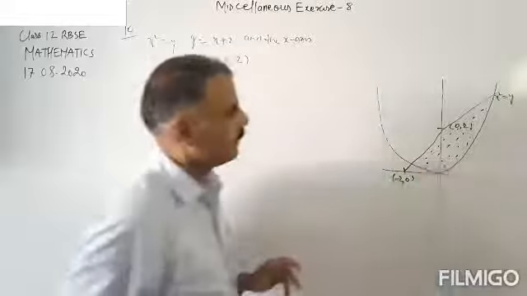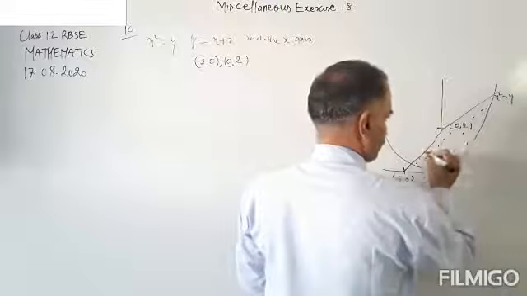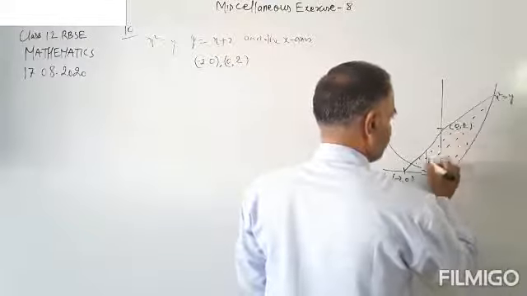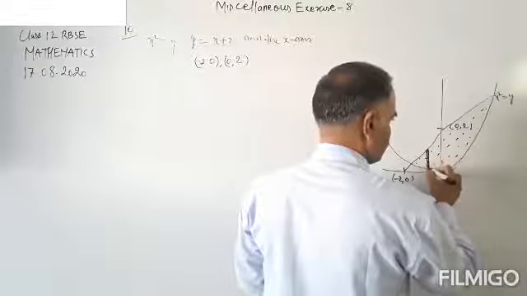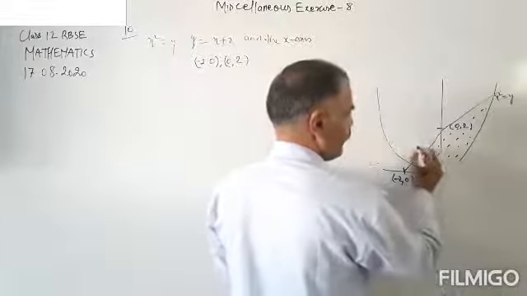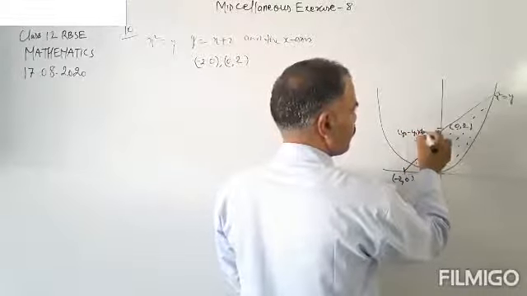Now we can take a vertical strip, this one, and its area is y2 minus y1 into dx.